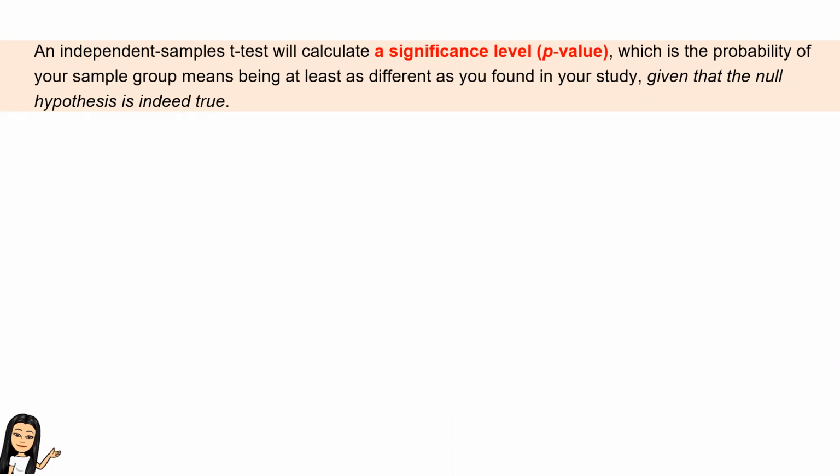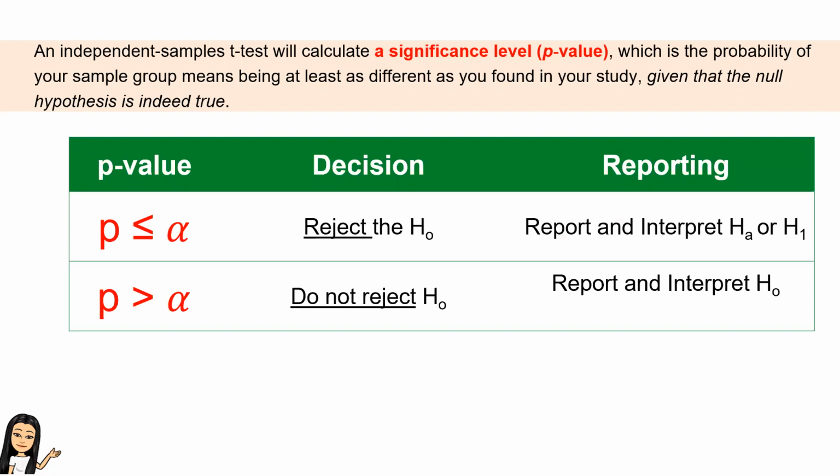An independent samples t-test will calculate a significance level, or say p-value, which is the probability of your sample group means being at least as different as you found in your study, given that the null hypothesis is indeed true. And to make our life simpler, let us take note of the following. In some books, the majority of the books or references I saw use only less than. They don't use less than or equal to.